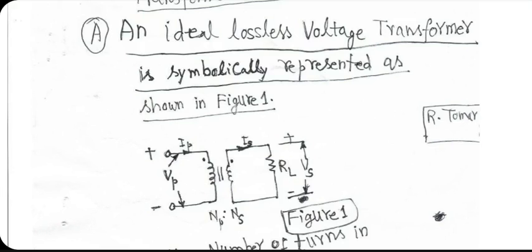Since it's a lossless case, the applied voltage on the primary VP would fully appear across the primary coil because there is no loss in the connecting wires. And similarly, the EMF generated on the secondary side will fully appear across the load connected to the two terminals of the secondary winding.